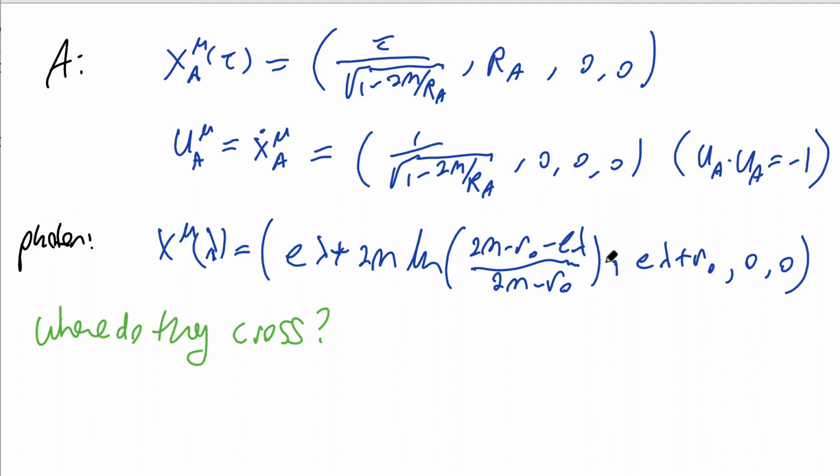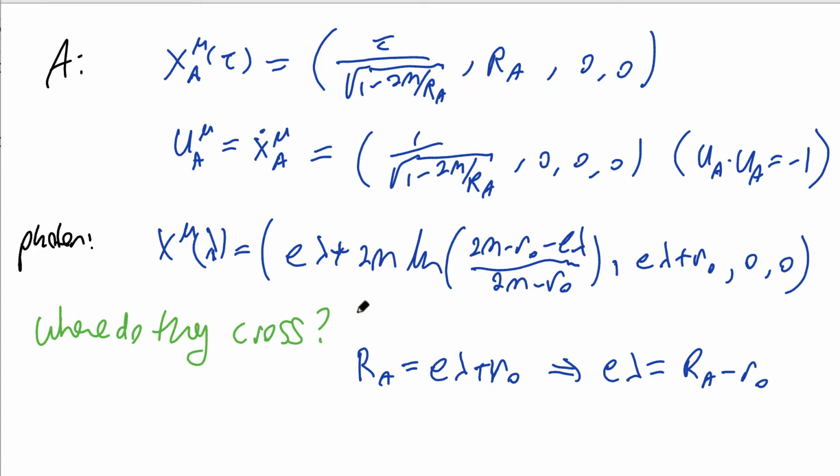All right, that's not too difficult to do. We can equate the 1 components, the r components. So r sub a is equal to E lambda plus r naught, or E lambda is equal to r sub a minus r naught. And then we can plug that result into the 0 components and equate them.